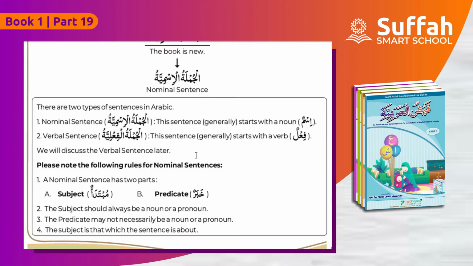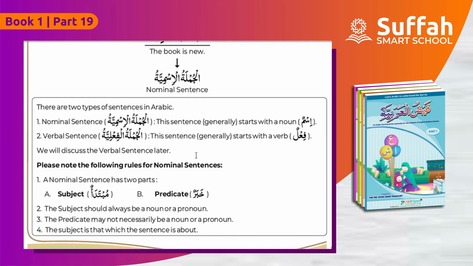Now, a very important thing is that a nominal sentence, al-jumlatul ismiyatu, will have two parts, two pillars on which it will stand. And those two pillars are, number one, mubtada, or mubtadaun.